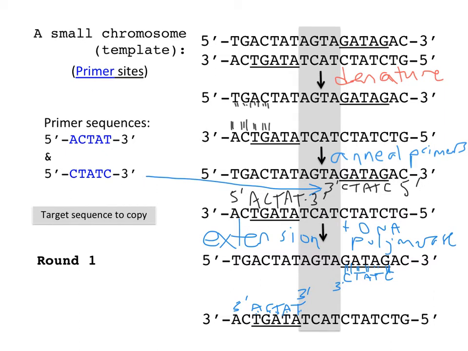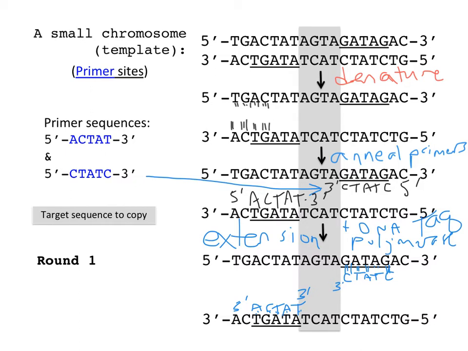Taq DNA polymerase, often referred to as Taq, T-A-Q. You don't have to know that, just in case I accidentally say Taq again, you know what I'm talking about. Taq is a type of DNA polymerase.